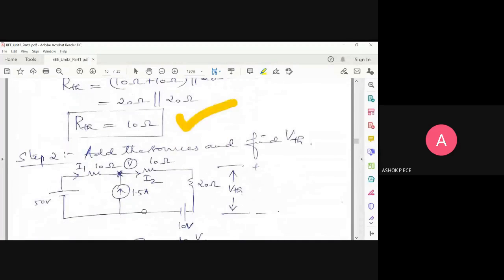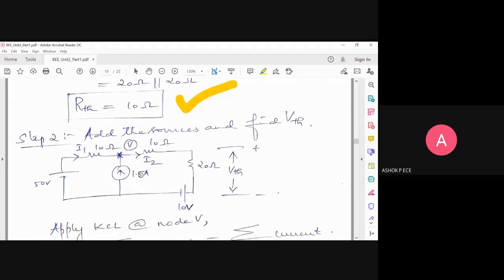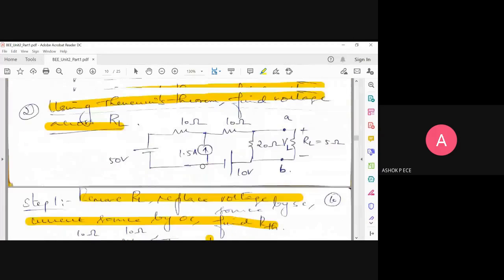Now I am going to add all my sources back. So see here, 50 ohms is back, 1.5 amperes is back, 10 volt is back. But still, I am not going to add this removed component. This side is open. So I want to measure voltage across RL, and you can see voltage will be the same in parallel. So voltage across 5 ohm will be equal to voltage across 20 ohm because they are in parallel.